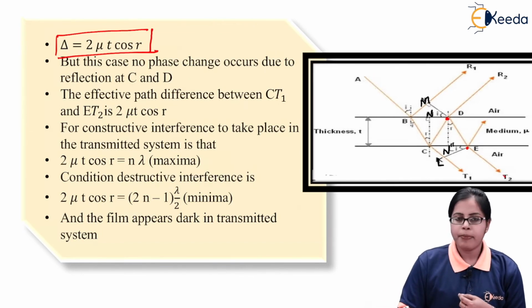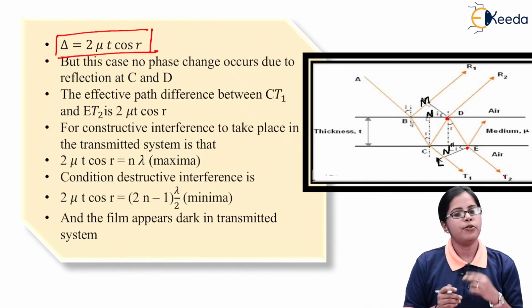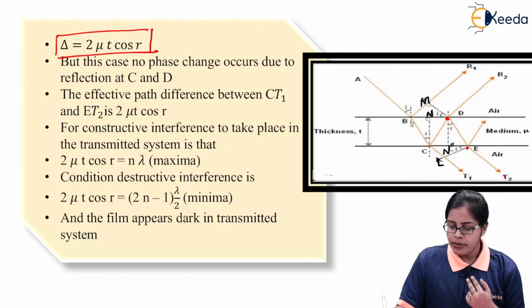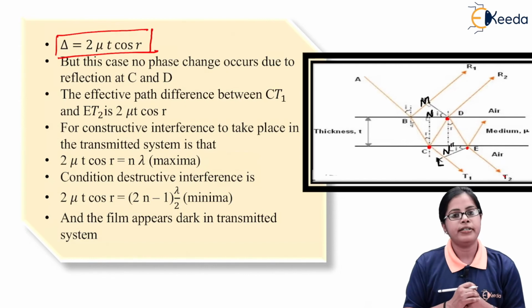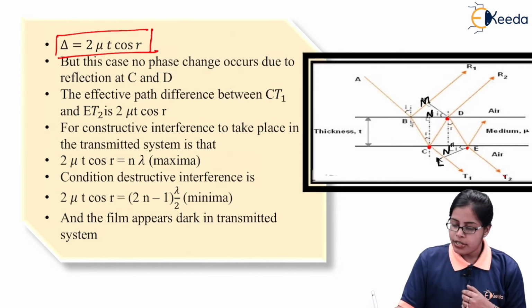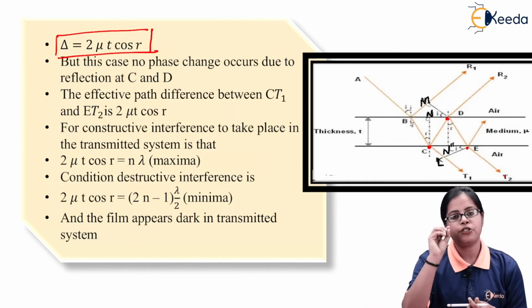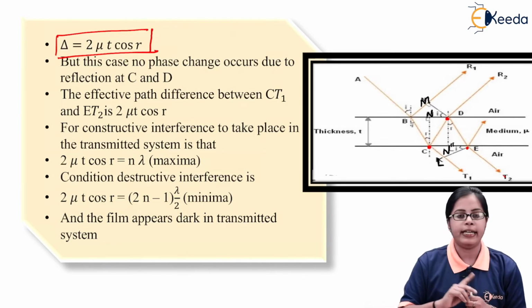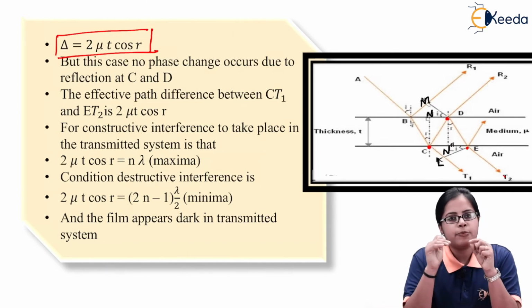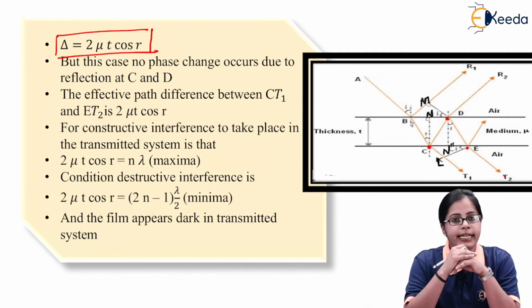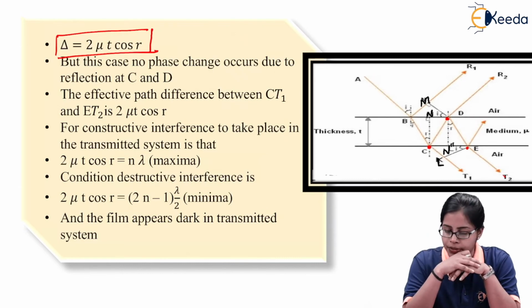So to calculate the path difference in the diagram, we need to consider 2 points for the rays CT1 and ET2. For the ray CT1, the point is considered to be C. For the ray ET2, the point is considered to be D, because we need to check what is the phase change or path difference at points C and D. As we can see, point C is lying at the thin film, and point D is again lying at the surface of the thin film.